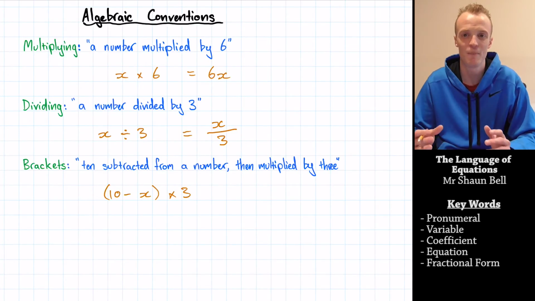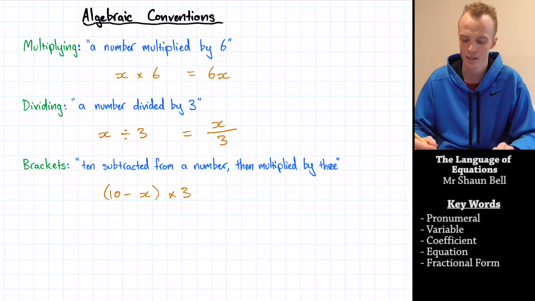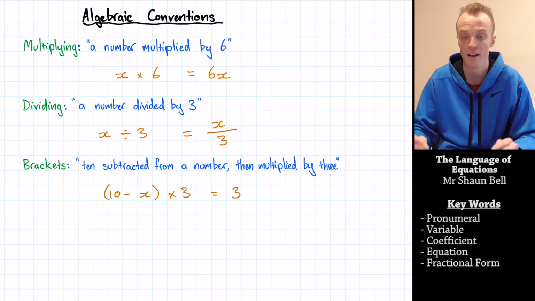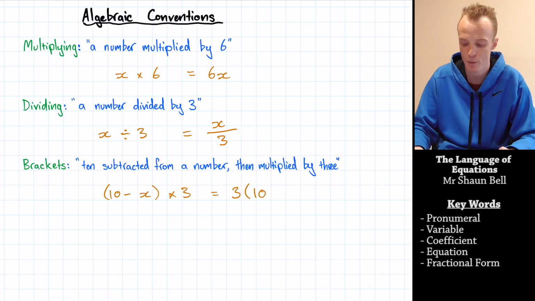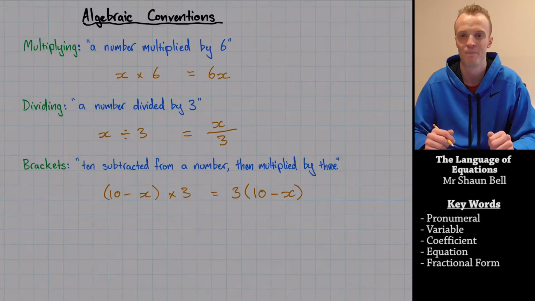Now, if we've got a statement in brackets like we've got here, and we're going to multiply by something, the conventions of mathematics say that we represent this with whatever we're multiplying first, and we don't need to include the multiplication symbol. We simply put the statement in brackets like I've put here.